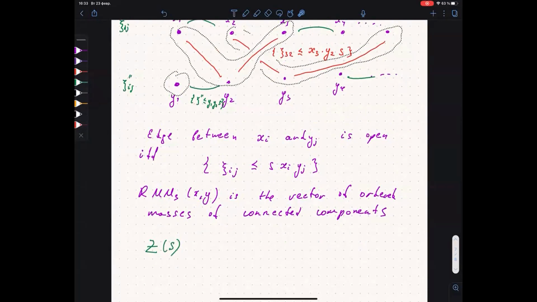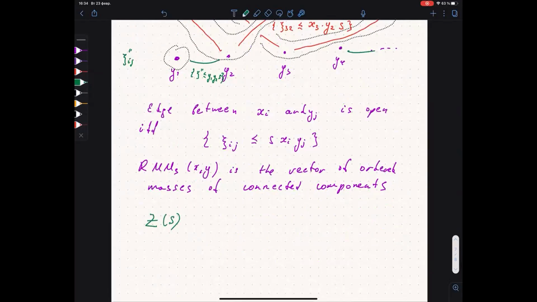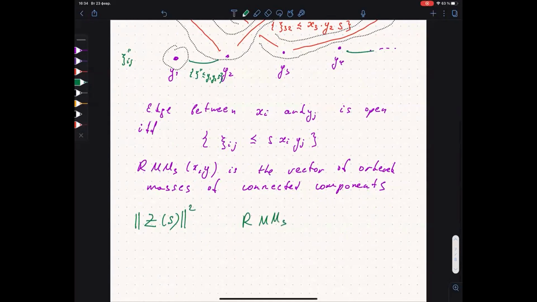If you look at the corresponding graphs, then that graph is a subgraph of that graph, because the graph with green edges has more edges than the graph where only red edges are present. Therefore, when you compare the norm of that vector with the norm of the corresponding vector for the graph with only red edges, you have that inequality.